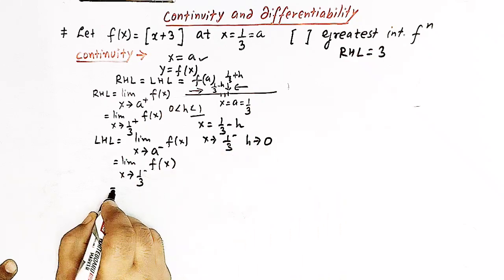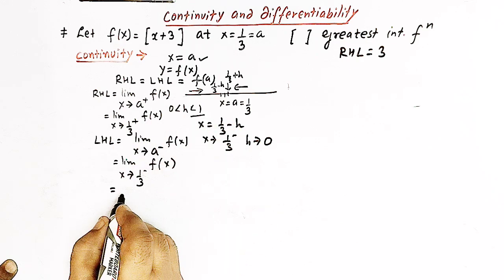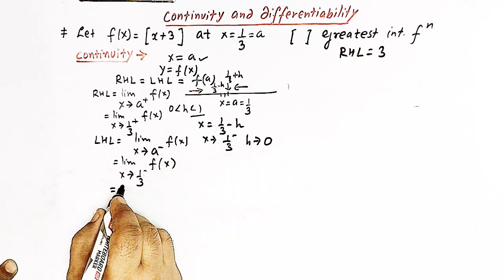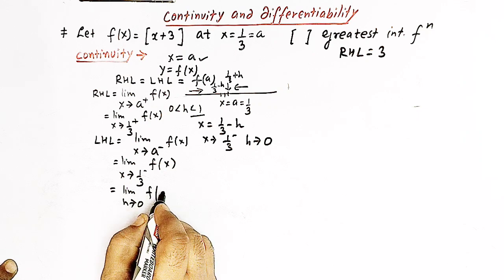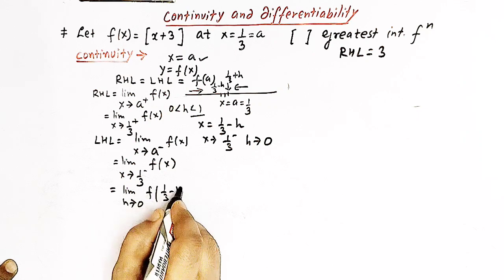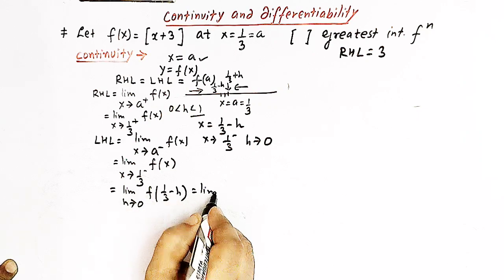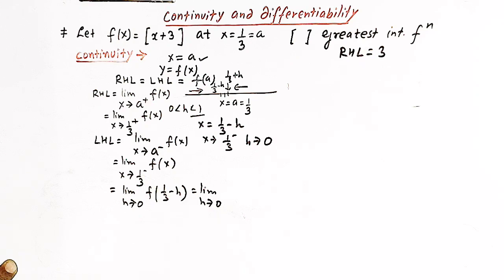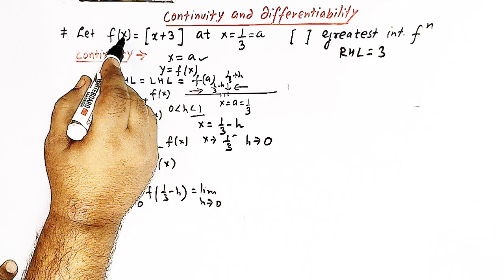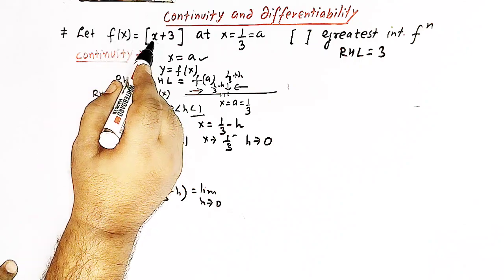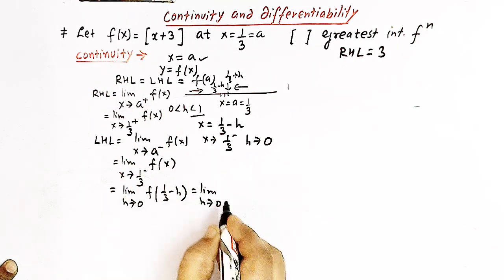So now the left hand limit in terms of h is given by a limit h tends to 0, and here we have f of 1 over 3 minus h. So now we can write limit h tends to 0. F of 1 over 3 minus h can be obtained by replacing this x by 1 over 3 minus h.